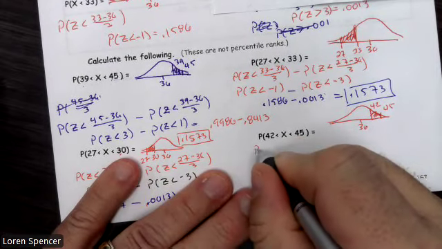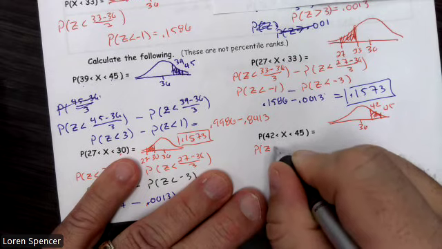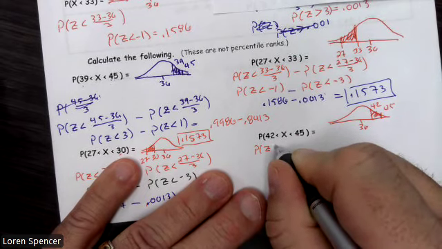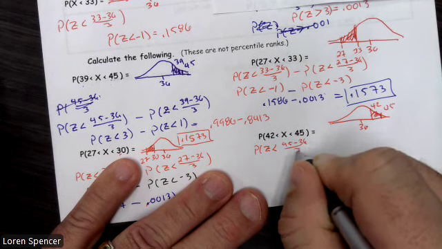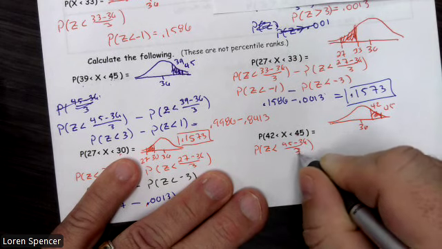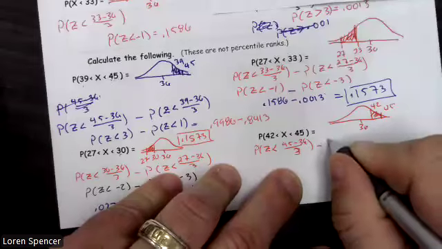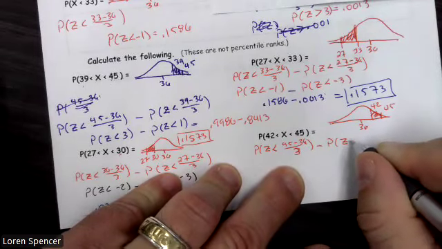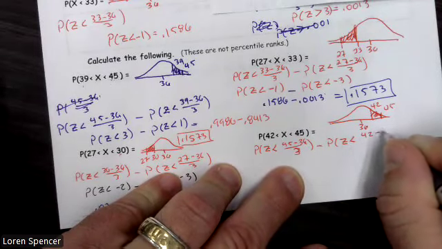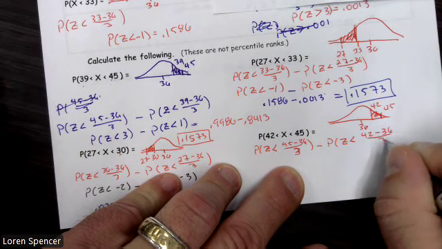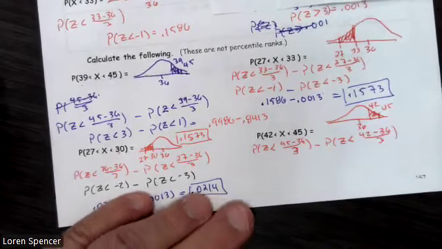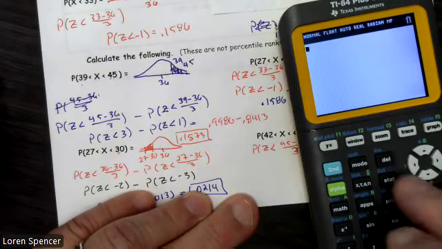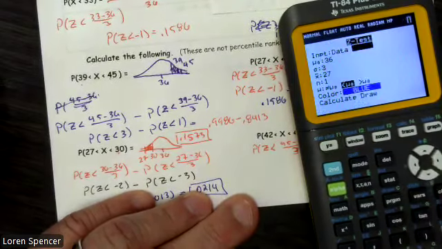So the probability that Z is, starting with a high one, (45 minus 36) over 3 minus the probability that Z is less than (42 minus 36) over 3. So doing the high one first, stat test, Z test.